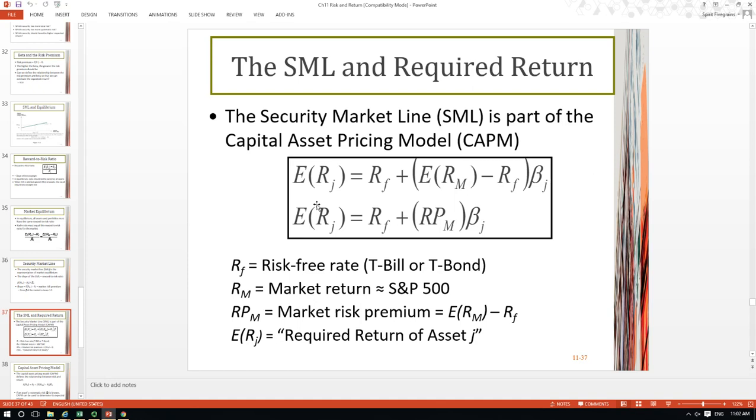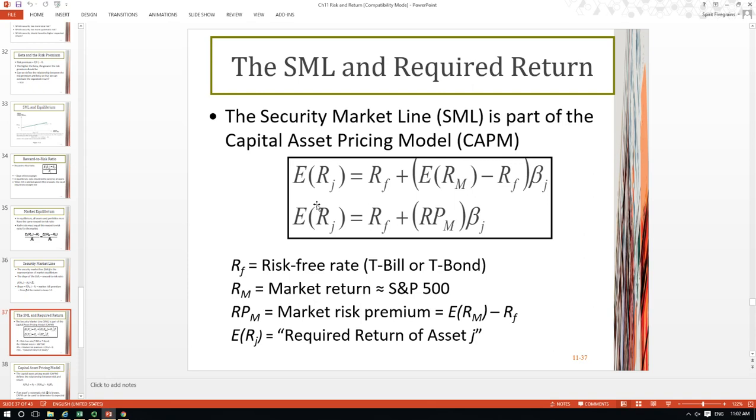And this equation, along with this security market line, is an essential part of the capital asset pricing model. Once again, expected return for any individual asset equals the risk-free rate plus the risk premium of the stock market times its beta. And the risk premium, RPM, here equals expected market return minus the risk-free rate.